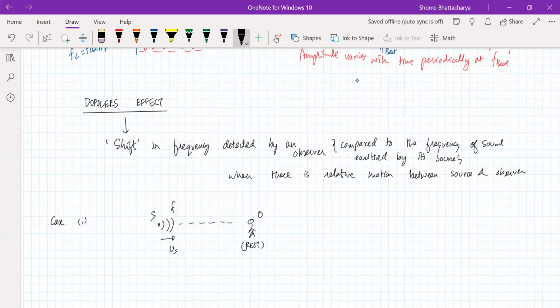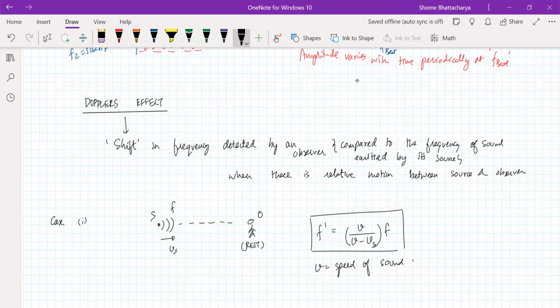Then the frequency of sound heard by the observer is given by the formula V upon V minus Vs into f, where V is the speed of sound in air, whereas Vs is the velocity of approach of the source towards the observer.